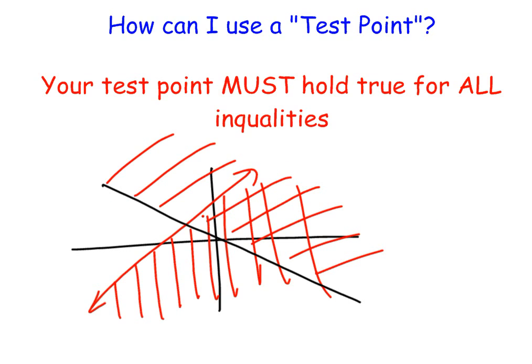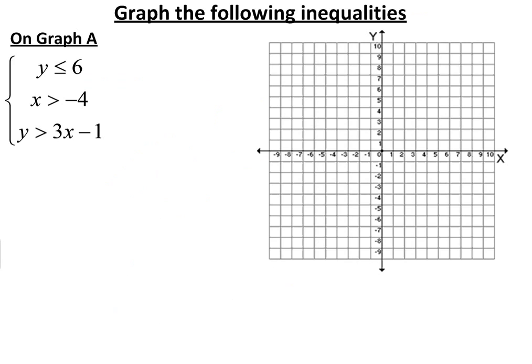Our solution is where both shaded areas overlap. So if you want to think about a test point to see if you're true, pick any point in this area, substitute it back into all your different equations. If it makes each statement true, then you should have the right shaded area.